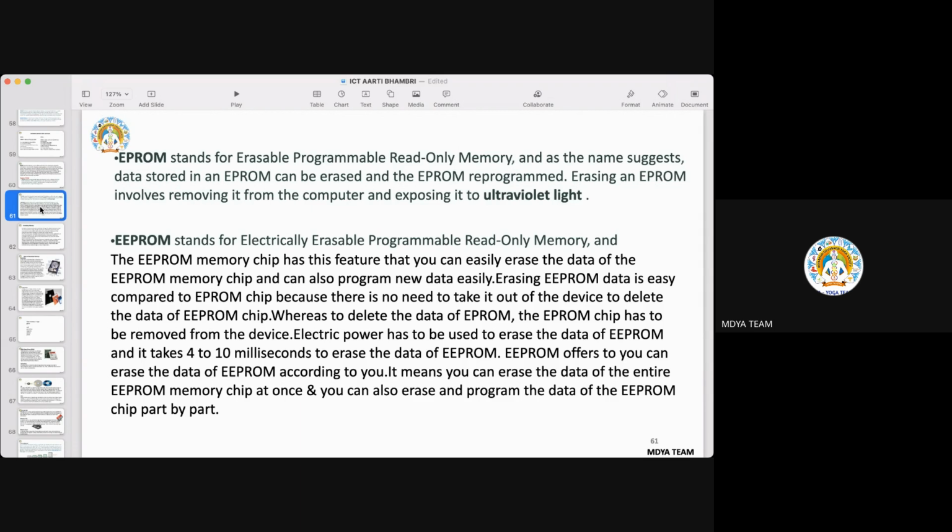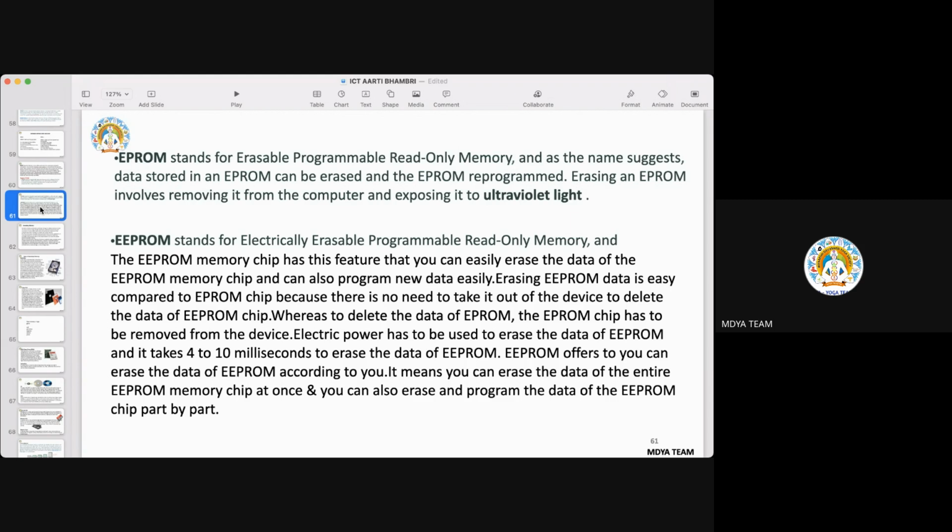And there is EEPROM. In EPROM, radiation is used to erase the set of information, and in EEPROM, it is erased electrically. So, electrically erasable programmable read-only memory.